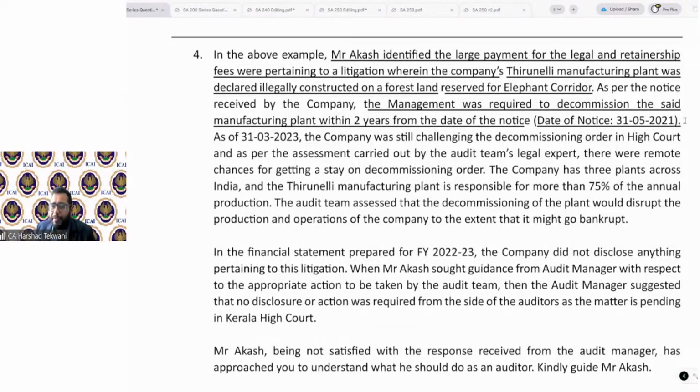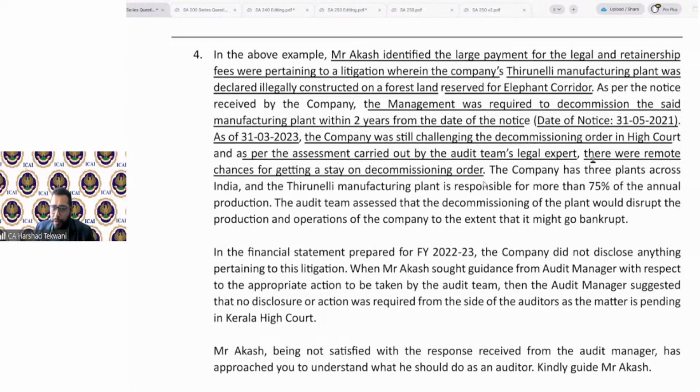The date of notice was 31/5/2021. So 2 years from that will be 31st May 2023. So as on 31st March 2023, just 2 months are remaining. The company was still challenging the decommissioning order in the High Court. And as per the assessment carried out by the audit's legal team expert, there were remote chances of getting a stay on the decommissioning order.